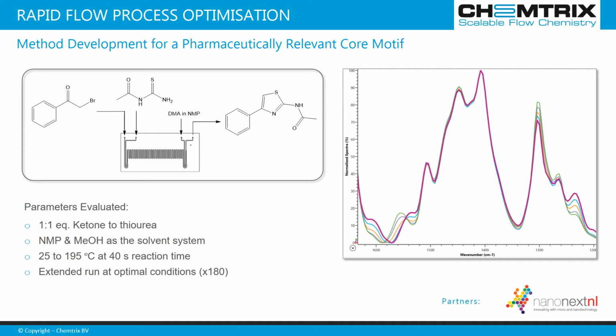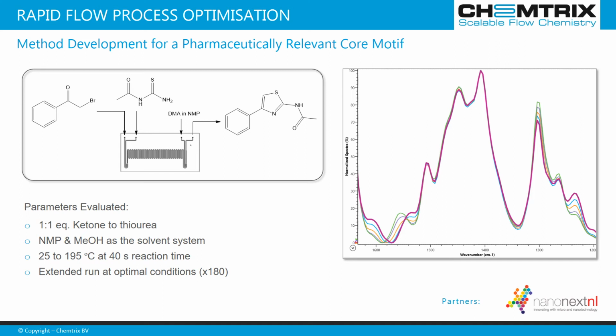What we were able to do by coupling with the FTIR is we were really quickly able to screen through looking at stoichiometry influences, temperature from 25 to 195 degrees, and the stability of the process to long-term operation.